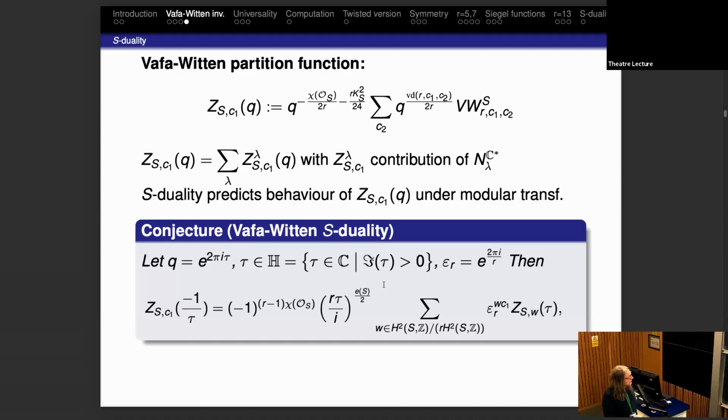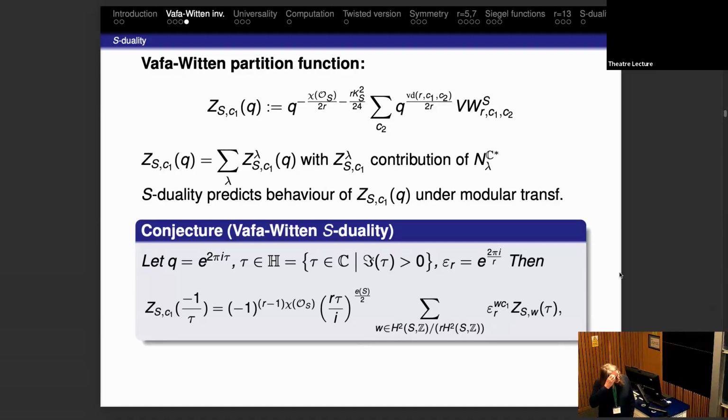And then we see that the invariant for C1 corresponds to the sum over all the invariants for all the first Chern classes modulo R times the second cohomology, however weighted by powers of a root of unity like this. So we have this kind of transformation, which is very strange.